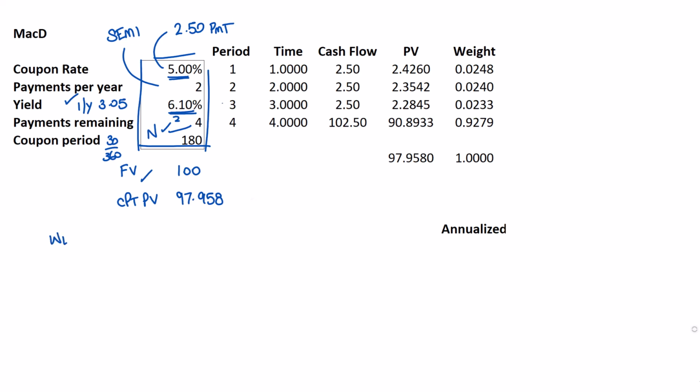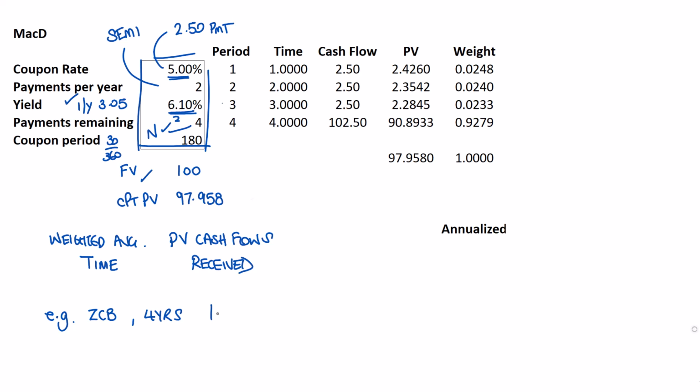I said Macaulay duration was a weighted average of what? Well, it is a weighted average of the PV of cash flows. So we're going to try and find out the weighted average time until the PV of cash flows is received. Let's start with a much simpler example: a 0 coupon bond that matures in 4 years, gives you 1 cash flow at year 4.